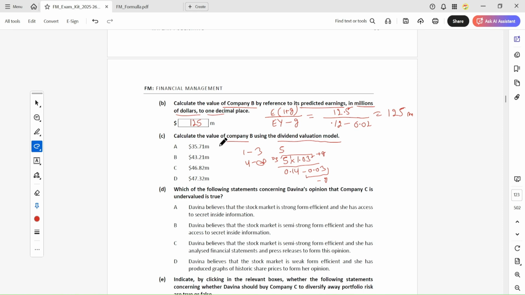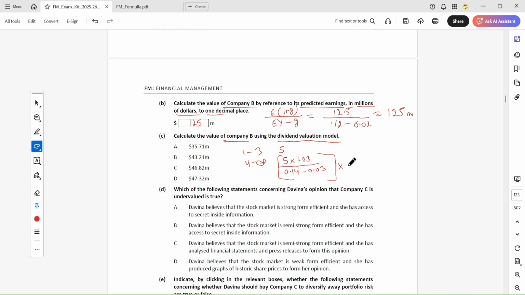So when we solve this, we will get the value of dividend for the perpetuity at year 3.